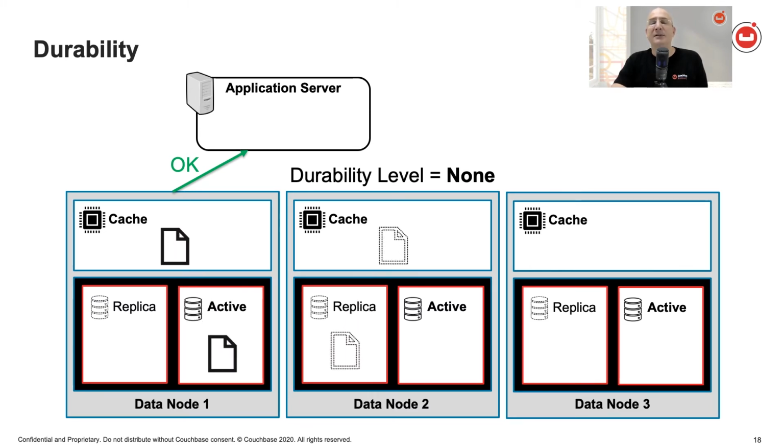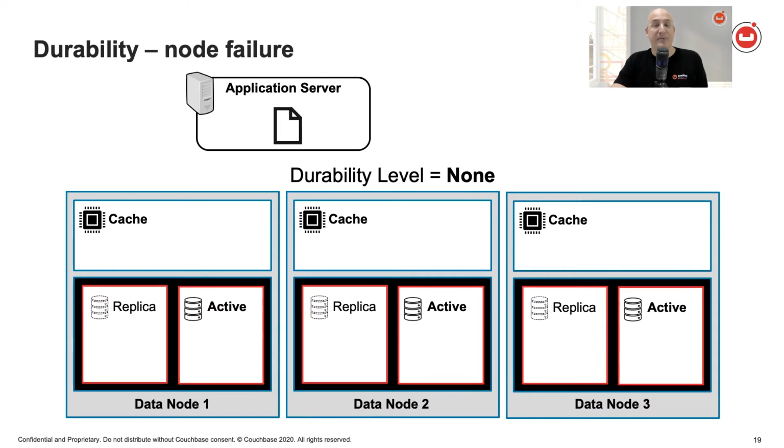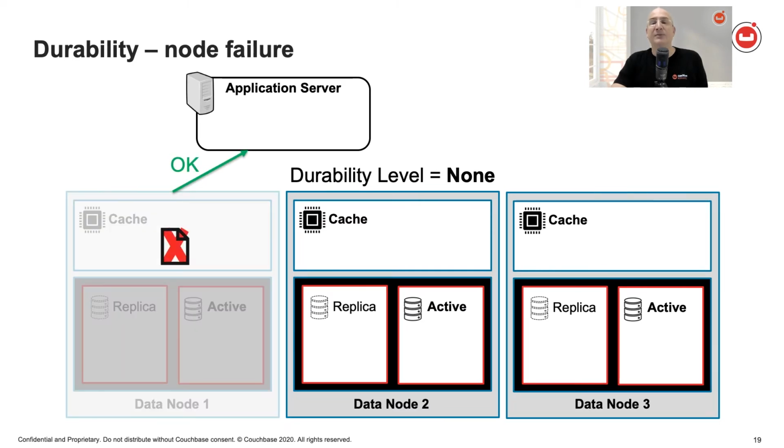This is the fastest mode, and again, it is the default mode. But, as you remember, that comes with some risk. The client sends the document to change, then it gets an OK. But if the node crashes right after the change, before the document has been replicated to another node or before it got persisted to disk, then the change is lost.